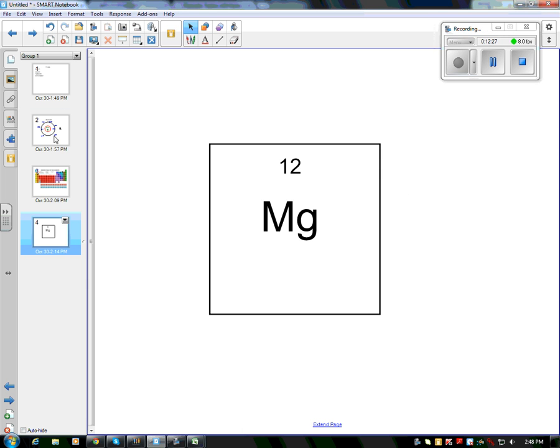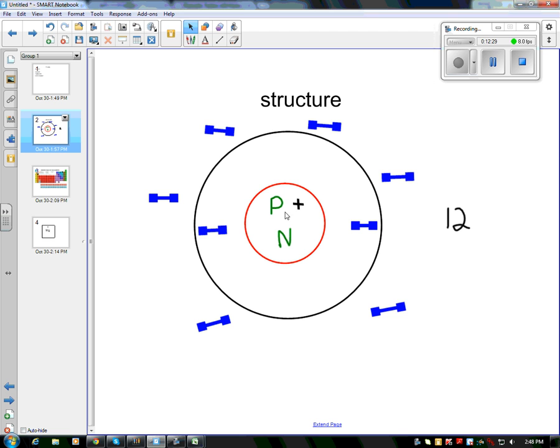Let's go back to this. Now, we get our atomic number from this. We get our atomic mass. Remember, only protons and neutrons really have any weight. So protons plus neutrons, the nucleus, is what gives us our atomic mass units, our atomic mass number.